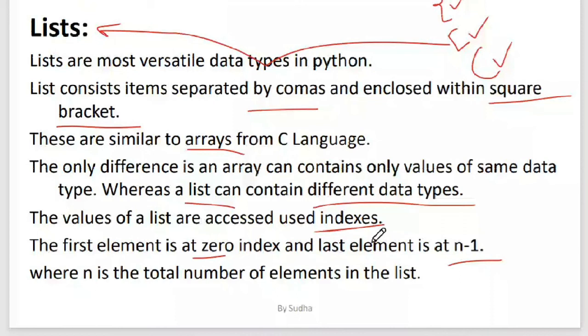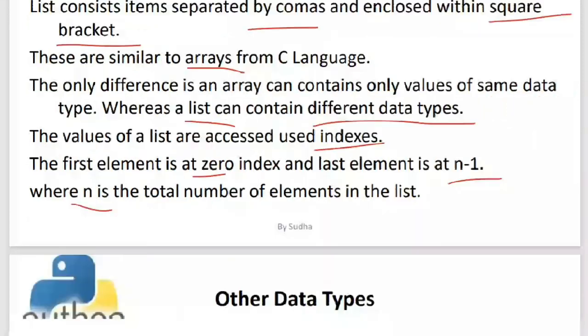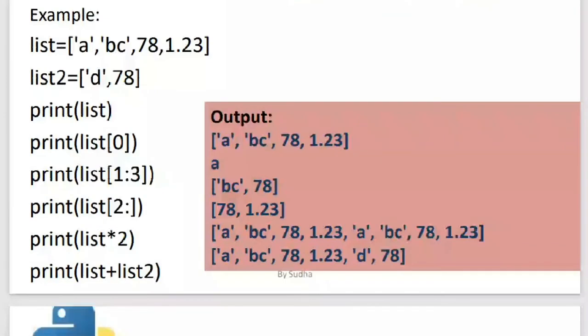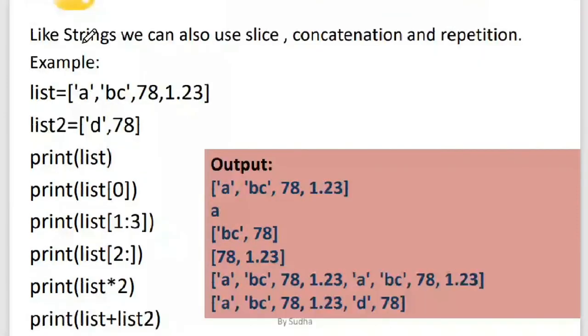So this is a list, and we'll look into a program on how to give a list. Take a look at the first point I have written here: like strings, we can use slicing, concatenation and repetition for the list also. I will also discuss one very important point with the list in the next example.